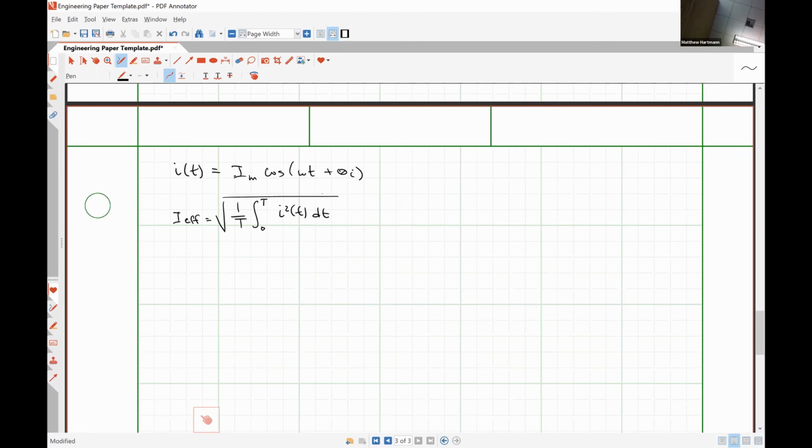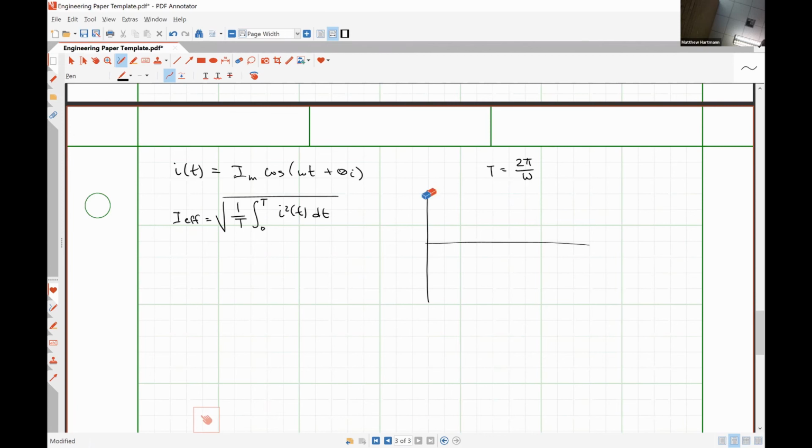So does anybody remember the relationship between omega and the period of a sinusoidal waveform? The period equals 2 pi over omega. Okay, so you're saying T is equal to 2 pi over omega.